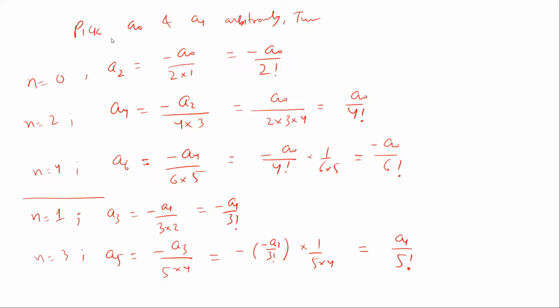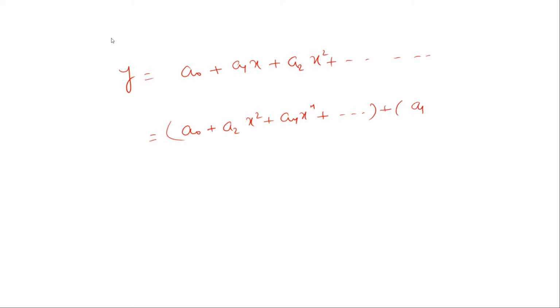So we can finally write y = a0 + a1 x + a2 x² + and so on. So we can separate a0 + a2 x² + a4 x⁴ + and so on, plus, in terms of a1, a1 x + a3 x³ + a5 x⁵ + and so on.